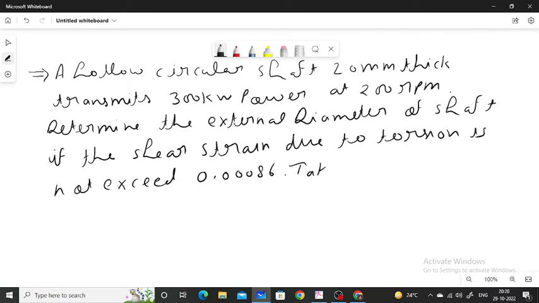Take G, modulus of rigidity, equal to 0.8 into 10 to the power 5 Newton per mm square.